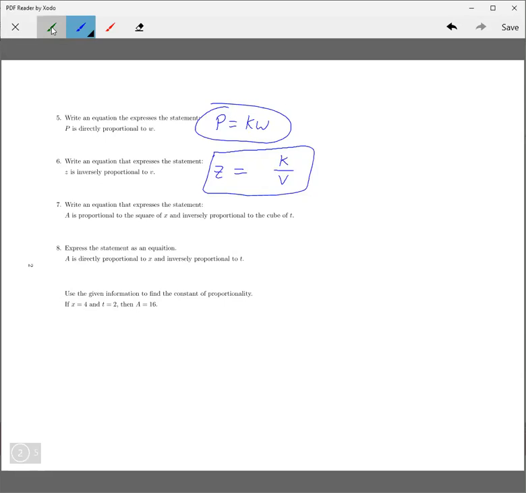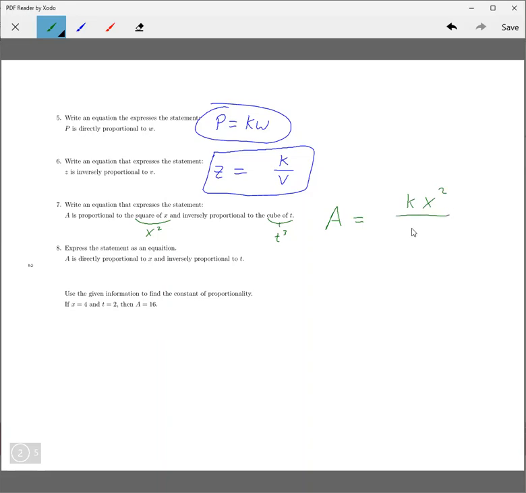Okay, number 7. Write an equation that expresses the statement: A is proportional to the square of x and inversely proportional to the cube of t. So the square of x is going to be x squared, and the cube of t is t cubed. A is directly proportional to the square of x, so the x squared is going to go in the numerator along with the k.